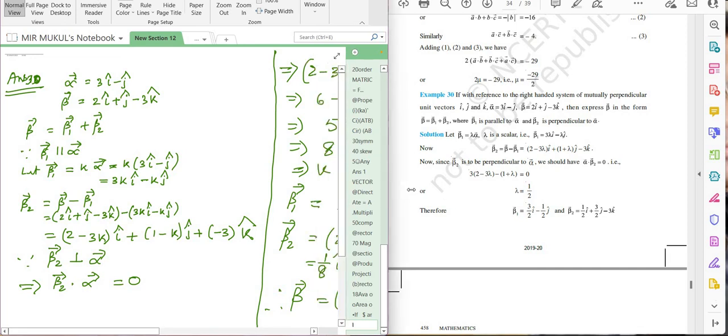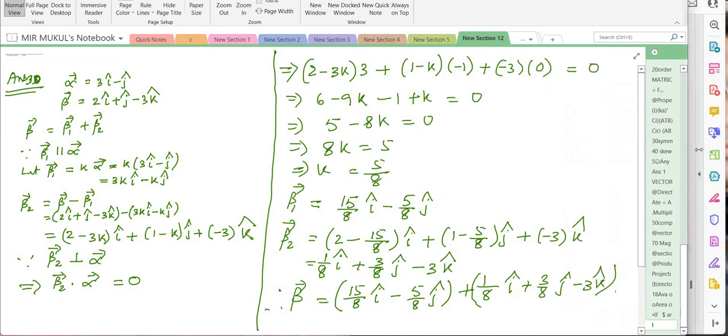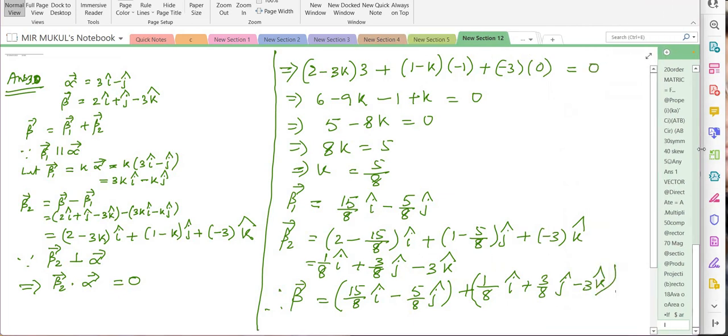We are getting 3 by 2, that means it should come 3 twos are 6, and here minus 1.